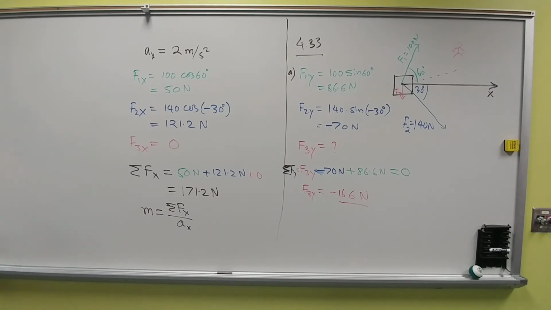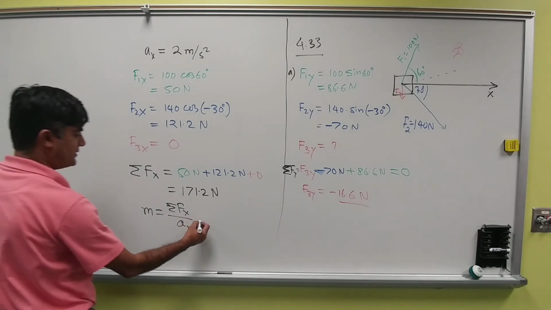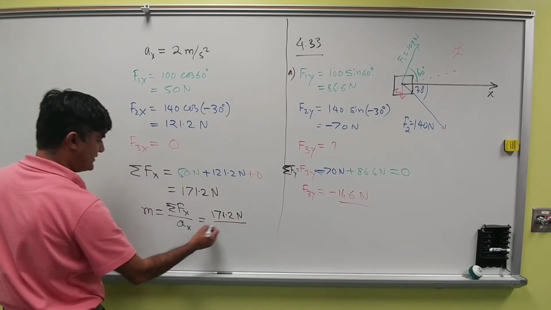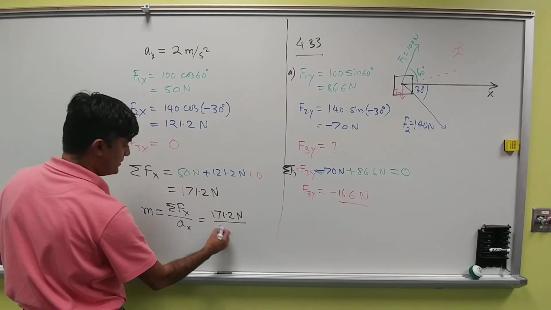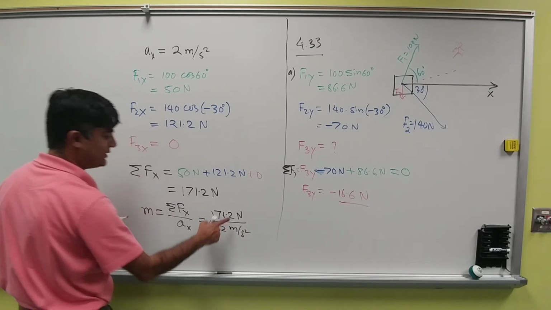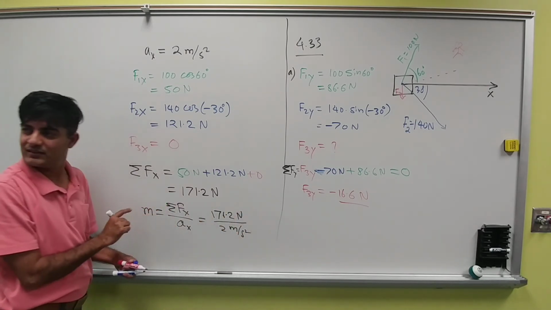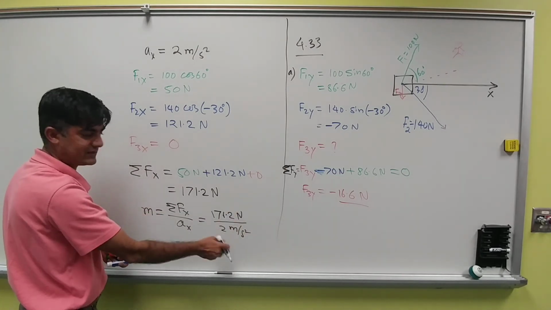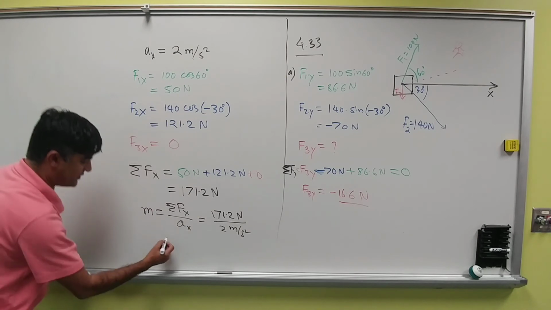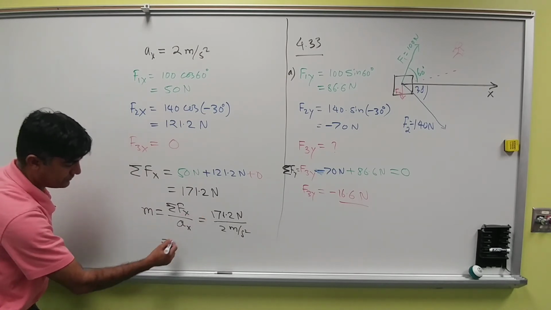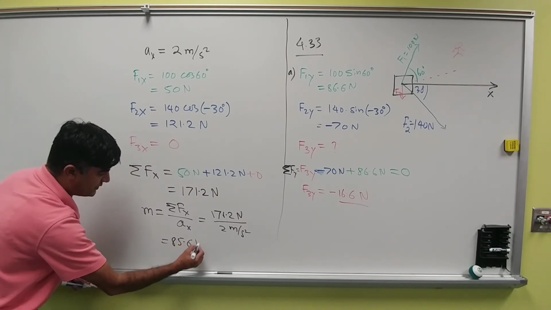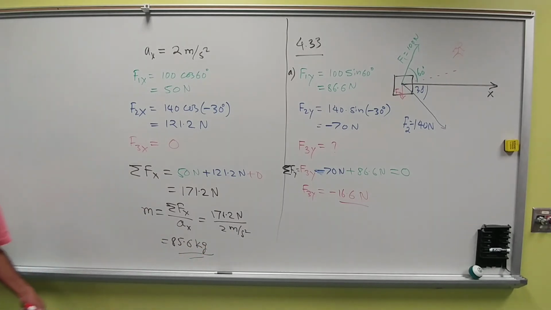That gives 171.2 divided by 2 meters per second squared. By the way, a Newton is kilogram meter per second squared, so meter per second squared cancels and kilogram is left. So this is 85.6 kilogram.